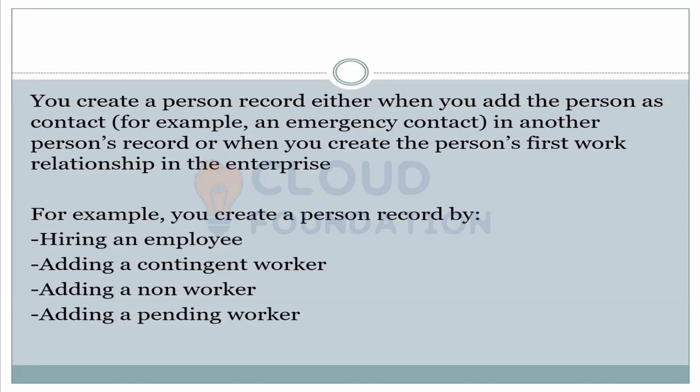That means a work relationship is creating a relationship between the employee and the employer. So when you are hiring an employee, adding a contingent worker, adding a non-worker, or adding a pending worker, this is the way you do it.